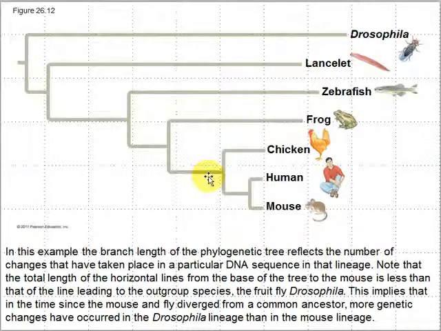So in some cases, the length of the branch or the length of the line is supposed to be indicative of an amount of genetic change or some particular amount of time, but that would need to be noted. Otherwise, you would simply use the branches as an indicator of an evolutionary relationship. But like in this case, they're noting that it does represent that, so you can take that for a fact.